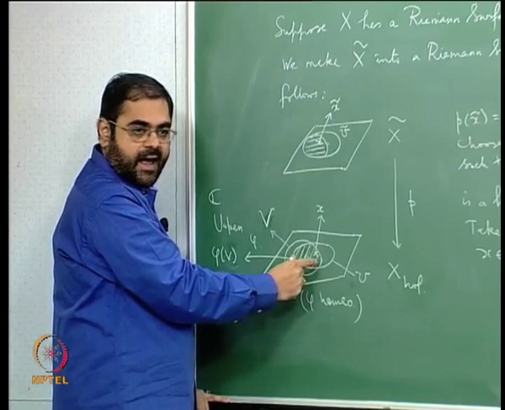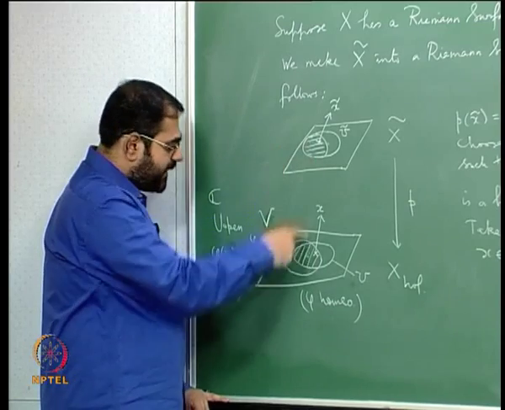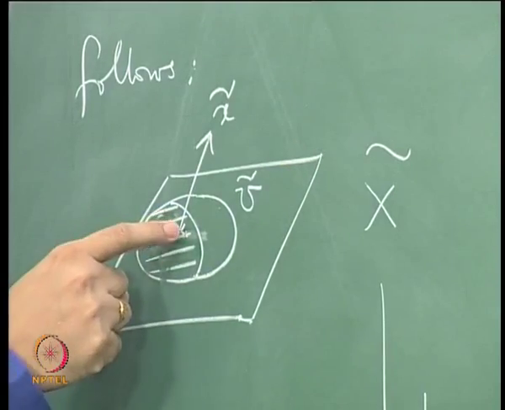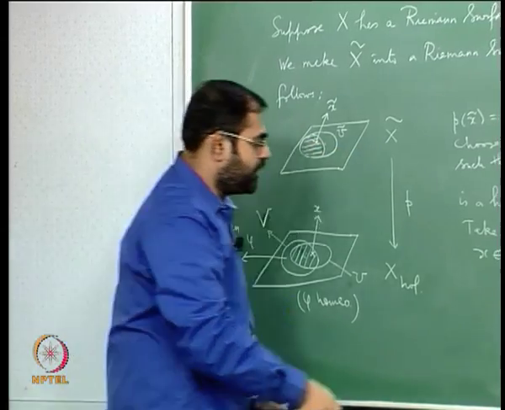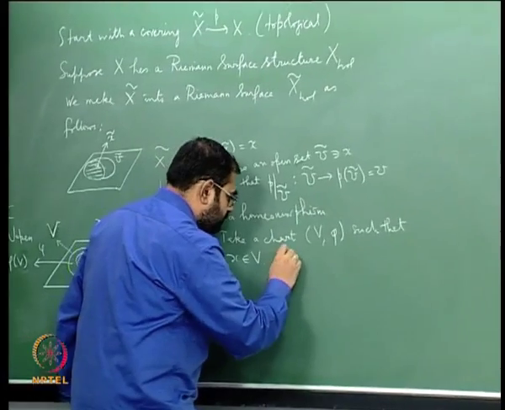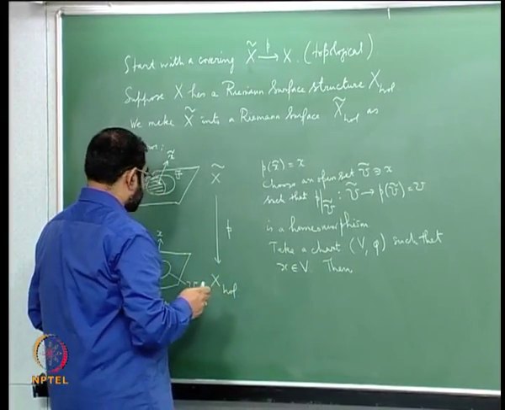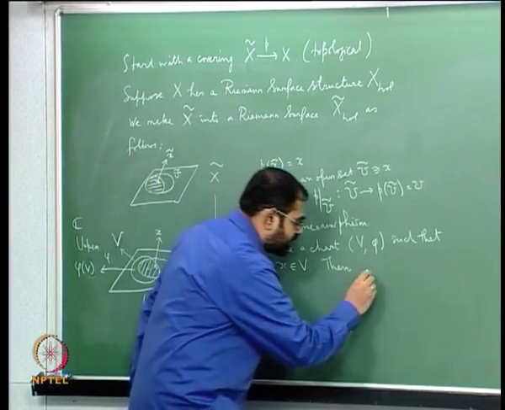All right, and if you combine that with this φ, I will get a chart in this neighbourhood for the space above at the point x tilde. So how do I write that set theoretically? I just take first of all the intersection of V and U, which is the shaded portion here.